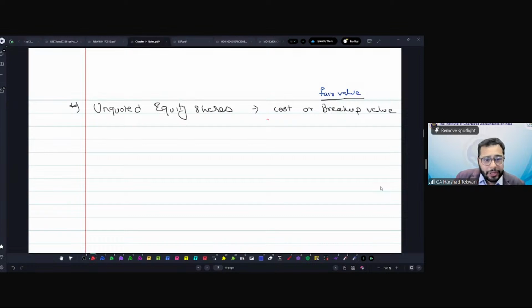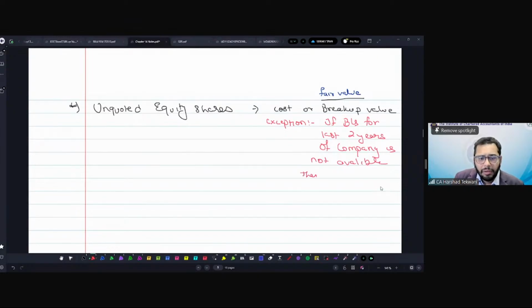This is the exception. Exception: if the balance sheet for the last 2 years of the company is not available, then cost is ₹1 only. Simple. Clear?